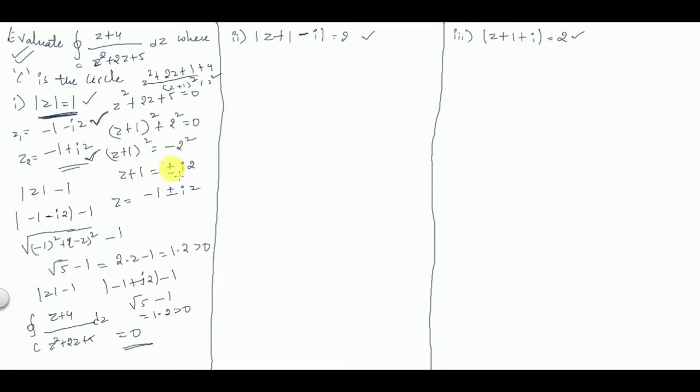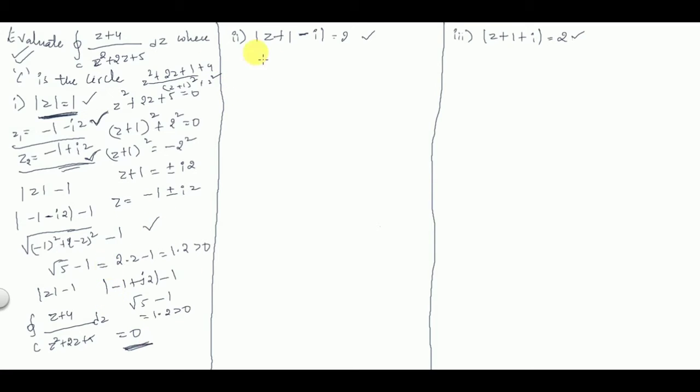As I have told you, if it is inside the contour, you can apply Cauchy's integral formula, and if both the singularities are outside, then simply that is equal to 0. So this is one of the important points you have to know: if all the singularities of a given function are outside the closed contour, then the integral value is equal to 0, and this is the example for this.